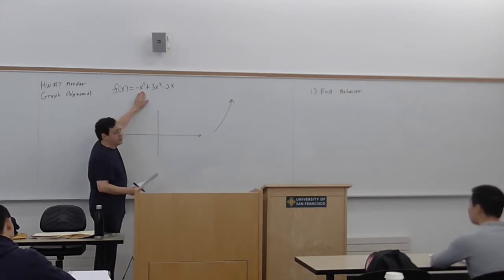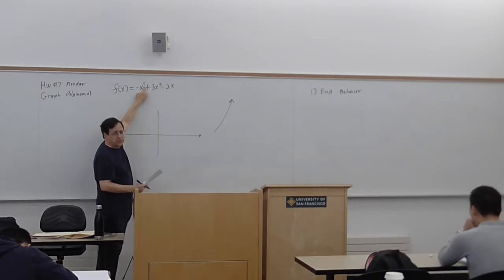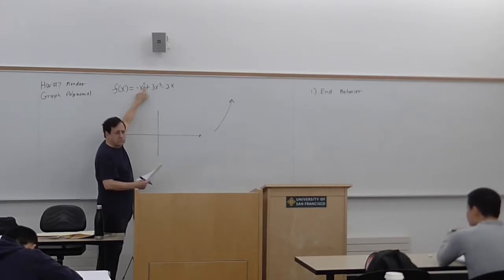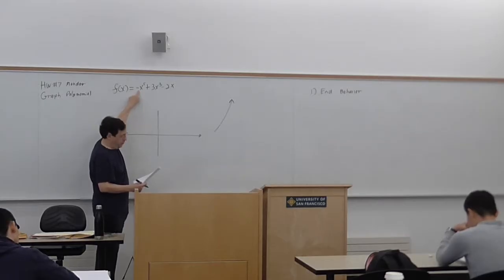One case is the leading term has an even exponent, or it will have an odd exponent. In addition, we have to look at the coefficient, whether the coefficient is positive or negative.